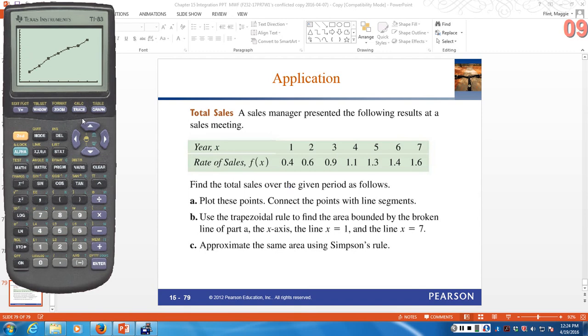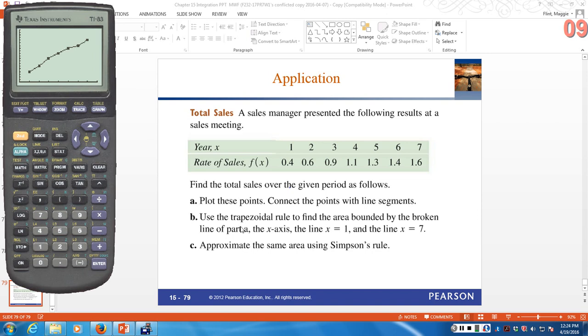The only thing we don't see is the vertical distance. The first trapezoid would be from this point to here, and up to there. The second trapezoid would be from here to here to here, and up to there. So just envision some vertical lines, and you'll have the trapezoids.